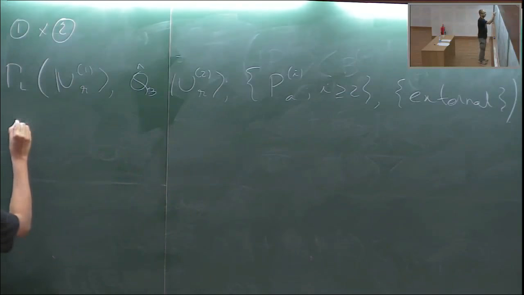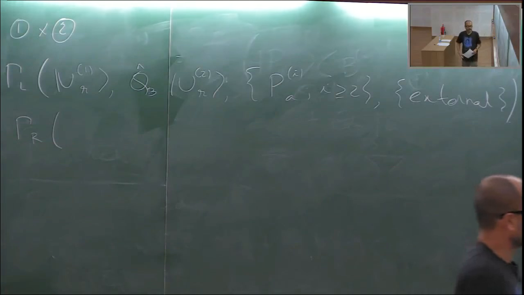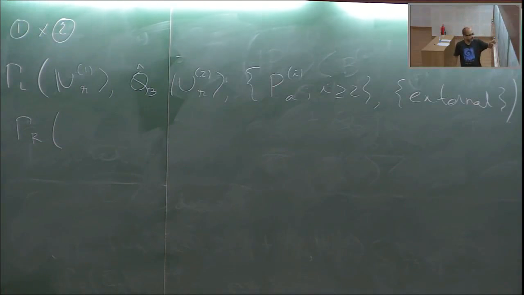And in gamma R, the insertions are, for 1 times 2, QB hat D1R, D2R.